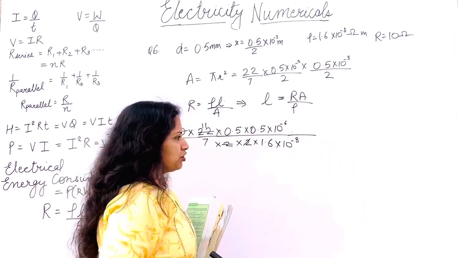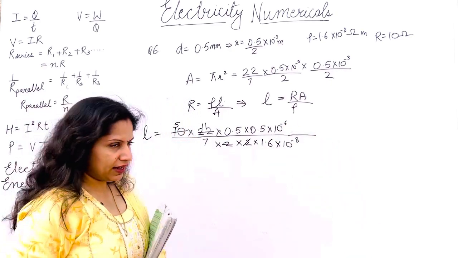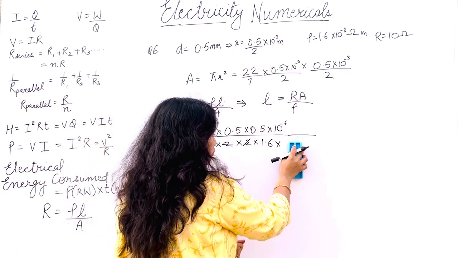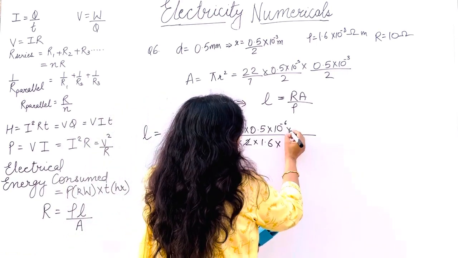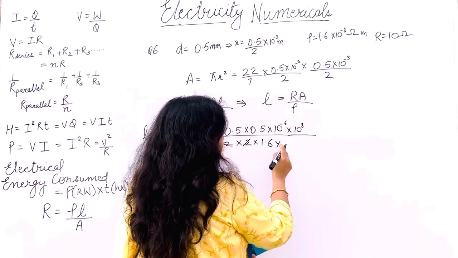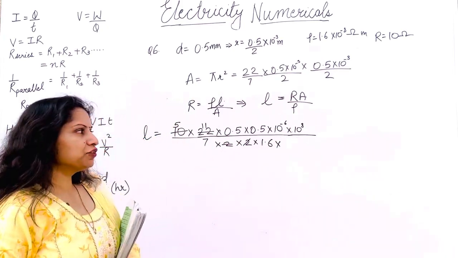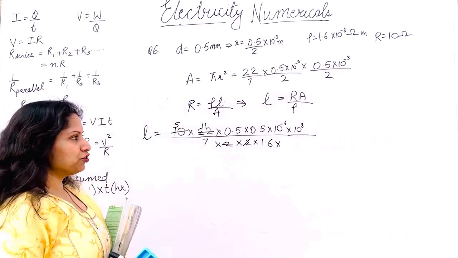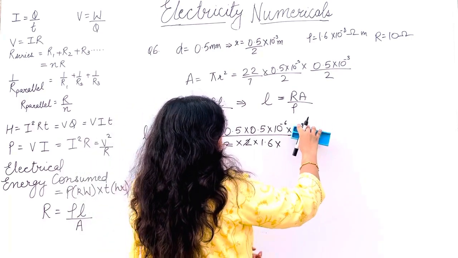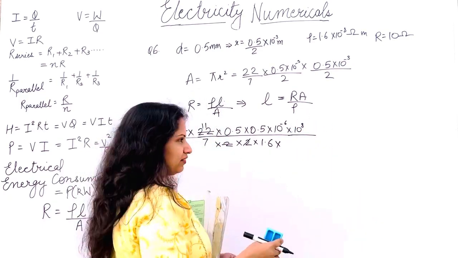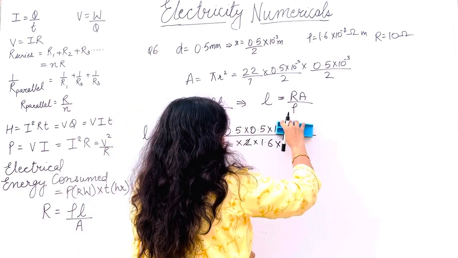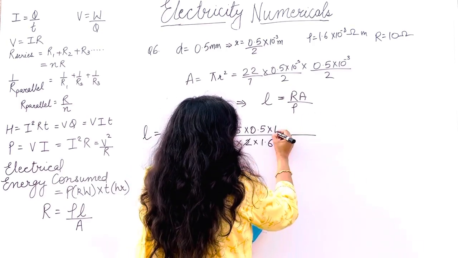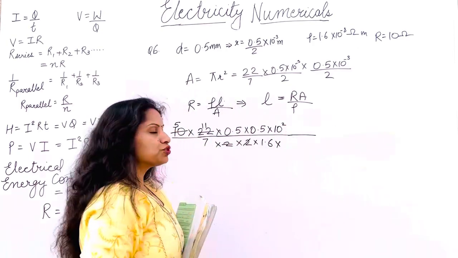If we take it upwards, it will become 10 to the power 8. So I'm erasing it from here. We'll get 10 to the power 8 multiplied by 10 to the power minus 6. It becomes 10 to the power 2. So can I erase it and write it here as well? So it becomes 10 to the power 2.